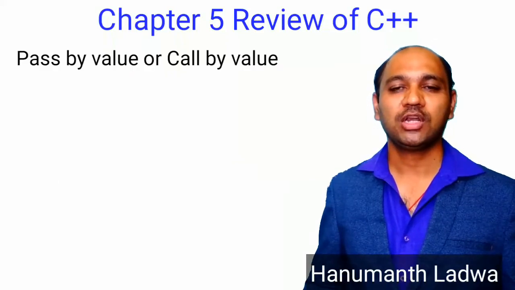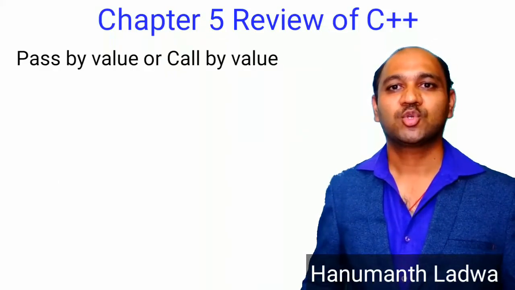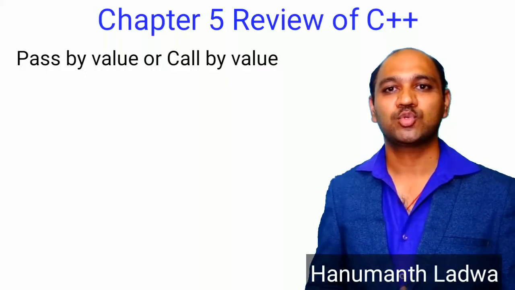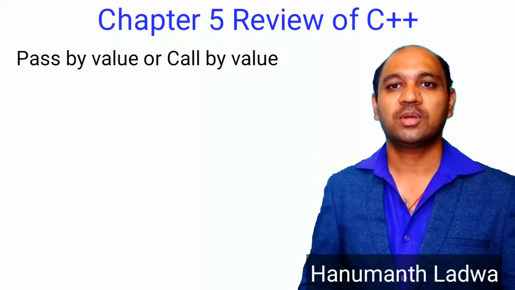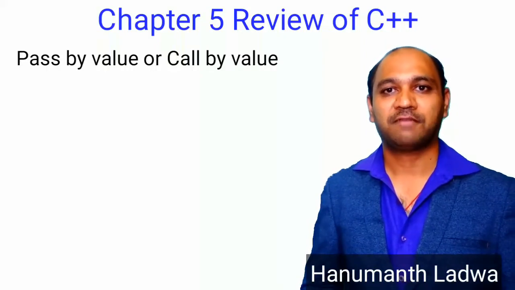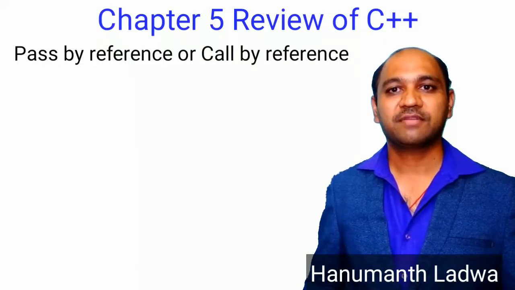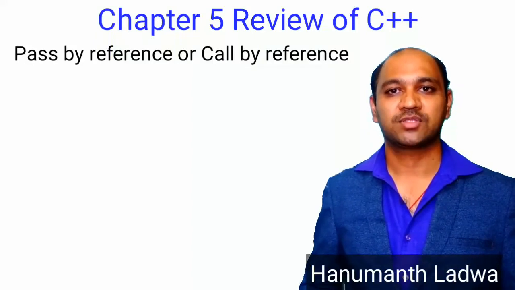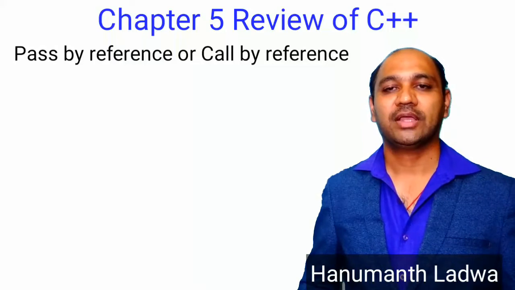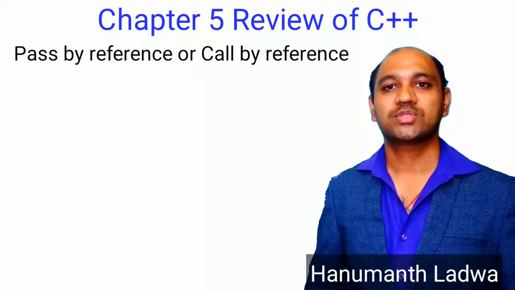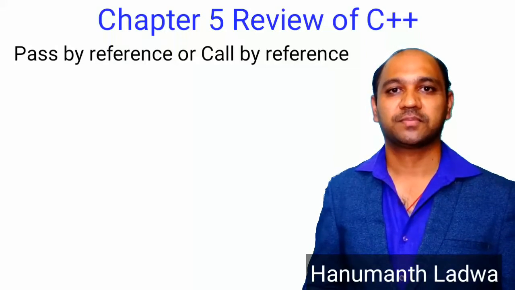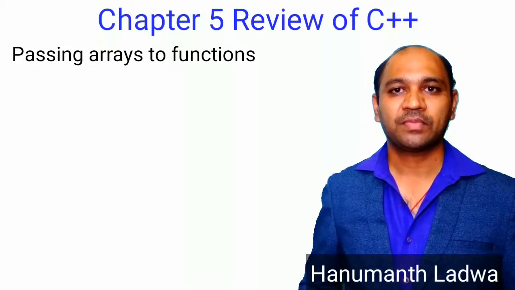Pass by value or call by value. We can pass the argument values directly from the user through the keyboard, which will be passed from the calling function to the called function. Pass by reference or call by reference. These are the variables which will be passed with the help of their address, that is, using ampersand, it is possible for us to pass those arguments. Passing arrays to functions.